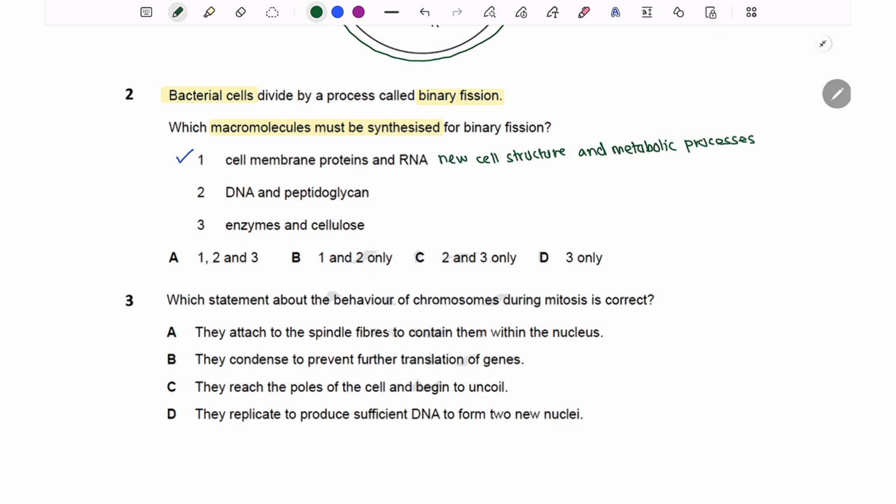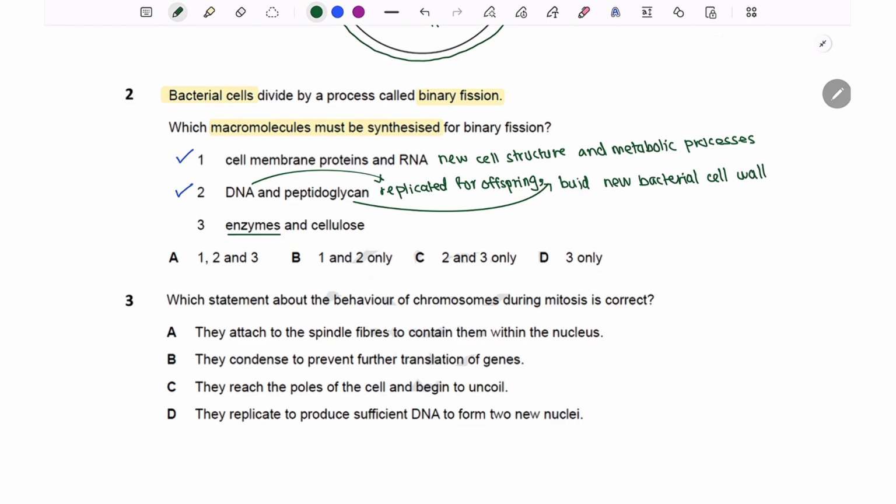So DNA and peptidoglycan, this is going to be needed as well. The DNA is for replication, so the DNA is replicated for offspring, and the peptidoglycan is for building the new bacterial cell wall.